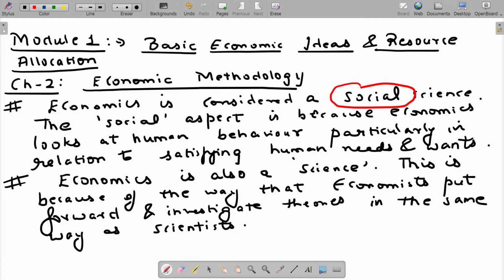These theories which economists come up with are usually called models.